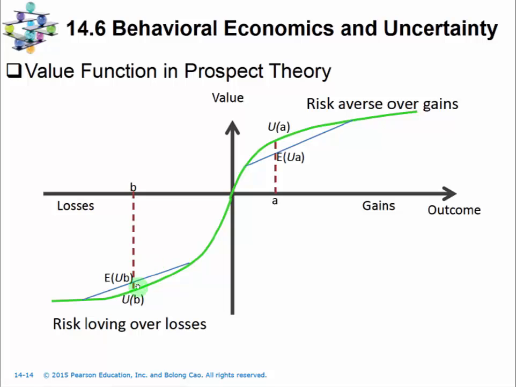This is a very different conclusion from expected utility theory. And in most cases, prospect theory gives a better description than the expected utility model of what people actually do when facing choices under uncertainty.